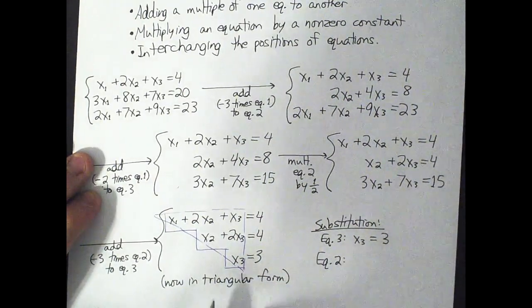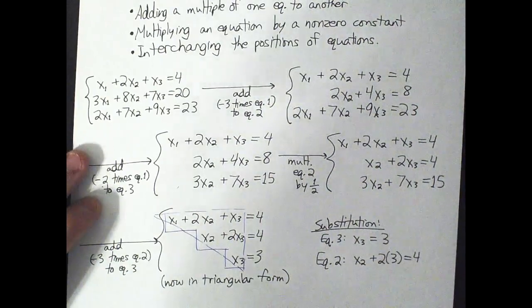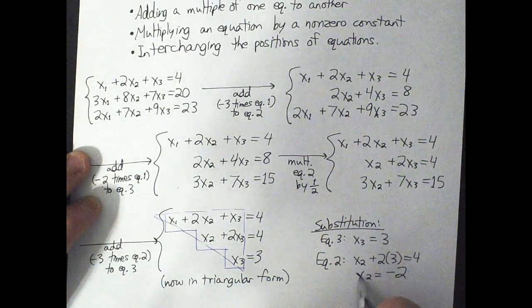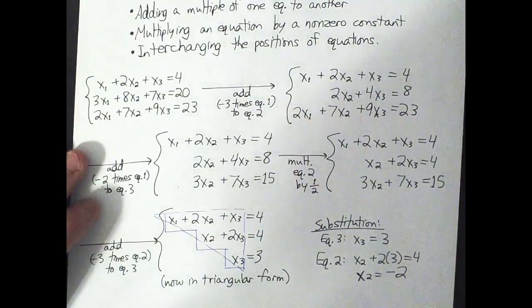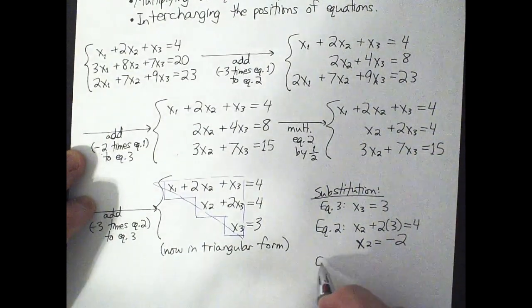Equation 2, substituting as we go. So x2 plus 2 times 3 equals 4. 2 times 3 is 6. This gets me x2 equals negative 2. x2 is negative 2. One more to go, working our way up.